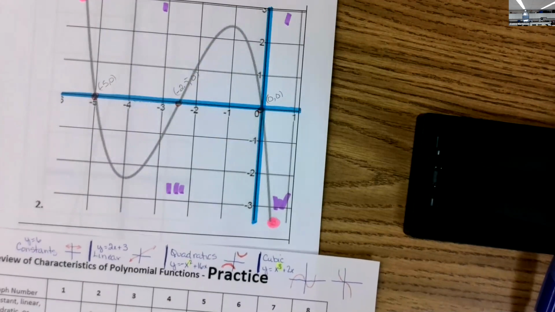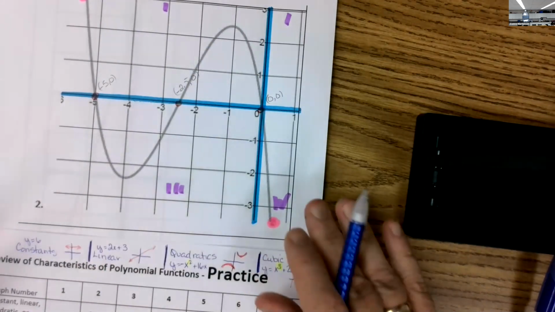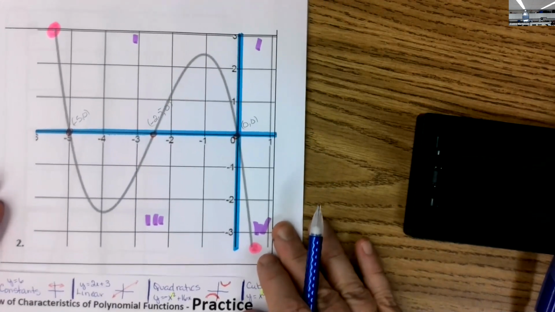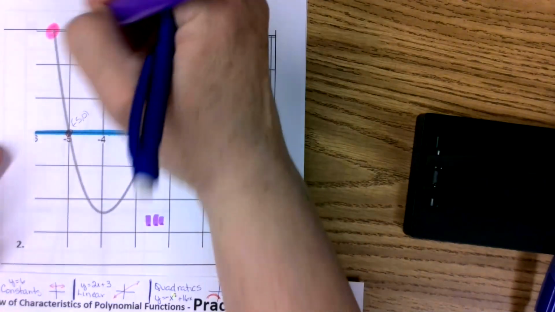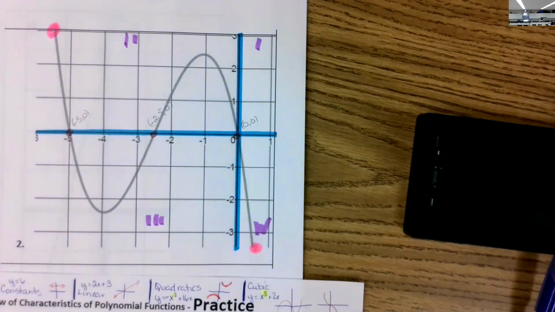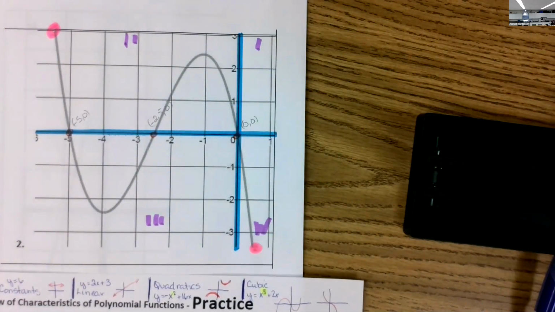All right, Cleveland, what quadrant does this one start in? 2. Yes, I was going to say, wait, but I marked my graph wrong. So 2, where does it end? 4. Yes.